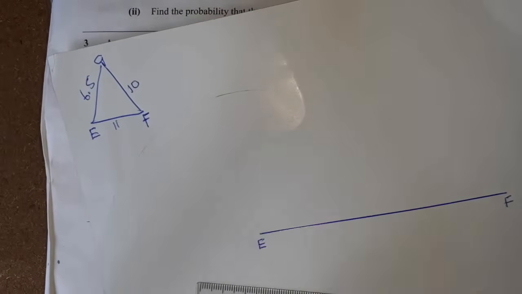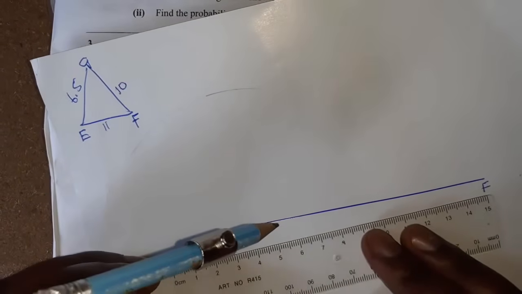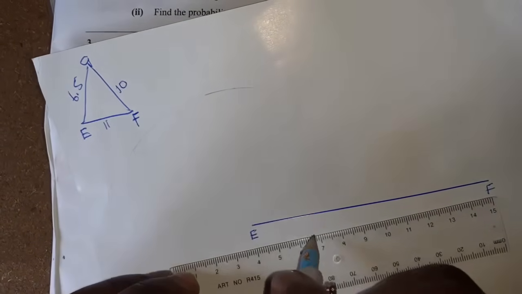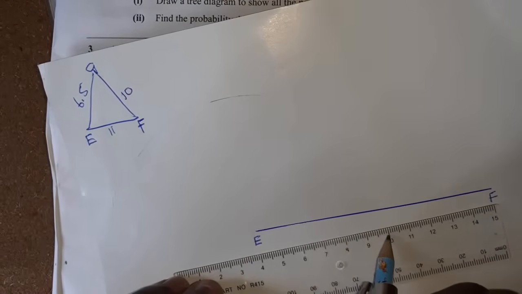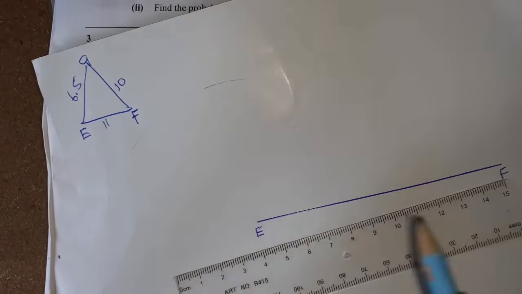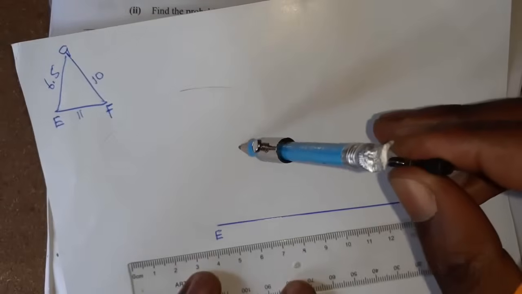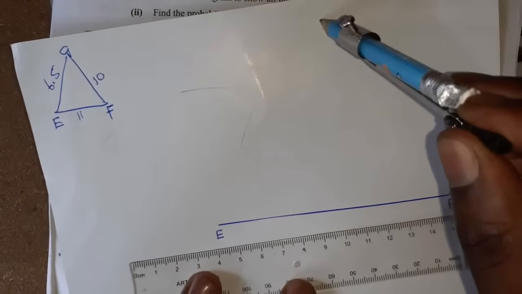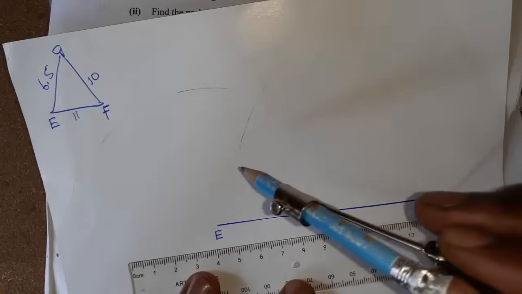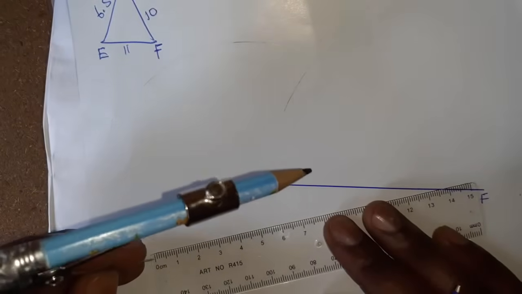Then we do the same thing. We now get the 10 centimeters. 0 up to 10. Okay, so the 10 comes from this point. So it means we have to go back to 6.5.